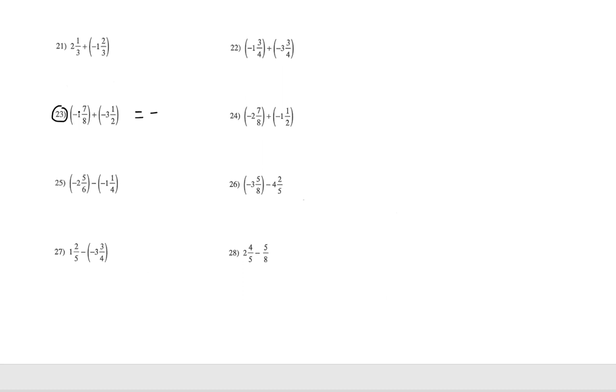So 8 times 1 is 8. 8 plus 7 is 15 eighths, negative. Plus 2 times 3 is 6. 6 plus 1 is 7 over 2, negative. I'm going to write these over here. Negative 15 over 8 plus negative 7 over 2.